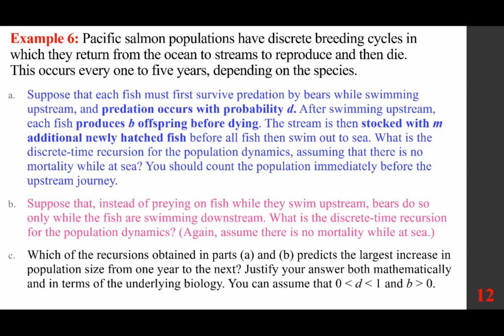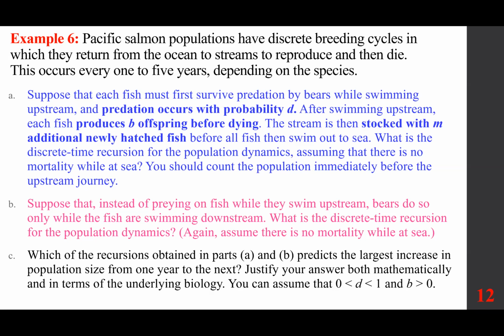Pacific salmon populations have discrete breeding styles in which they return from ocean to streams to reproduce and then die. This occurs every 1 to 5 years, depending on the species. Suppose that each fish must first survive predation by bears while swimming upstream, and predation occurs with probability D. After swimming upstream, each fish produces B offspring before dying.